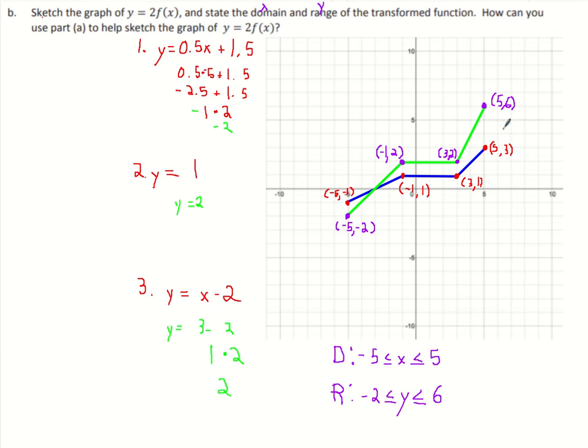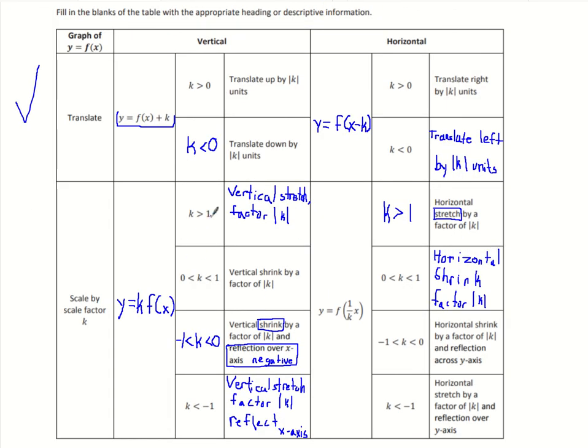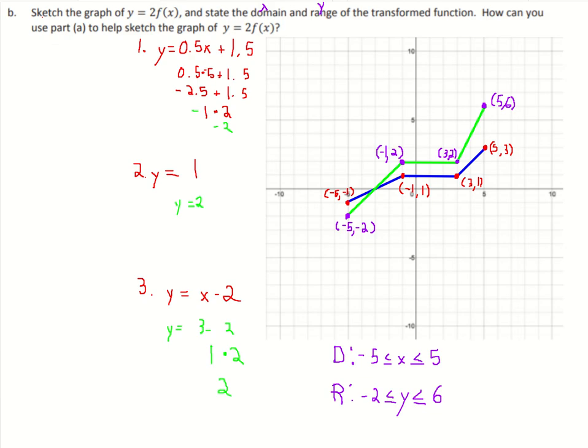And this should make sense to us, because as we saw from our cheat sheet, this is going to be giving us a vertical stretch. Well, which out of x or y is our vertical? Our y. So what we're doing is we're taking our y and multiplying it by 2.